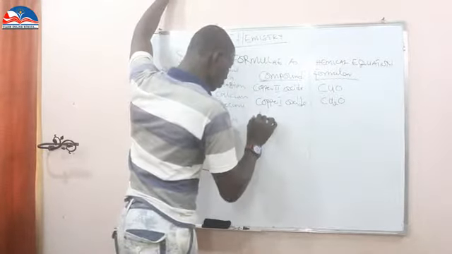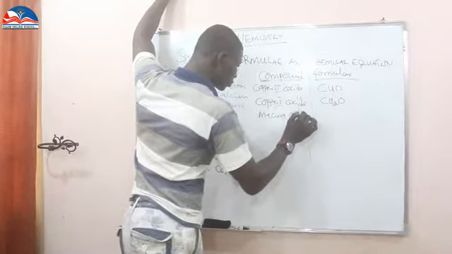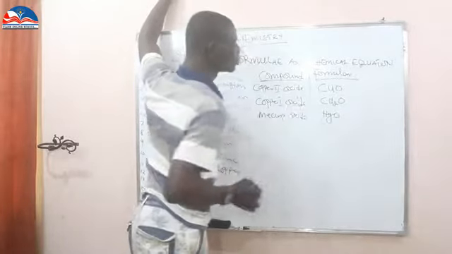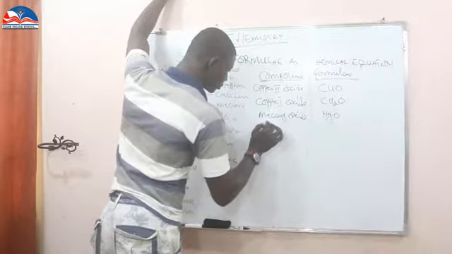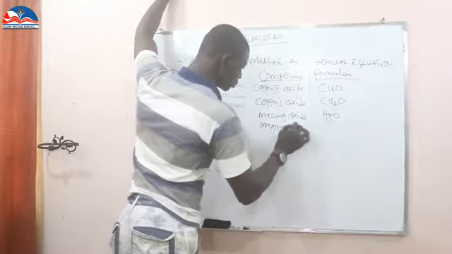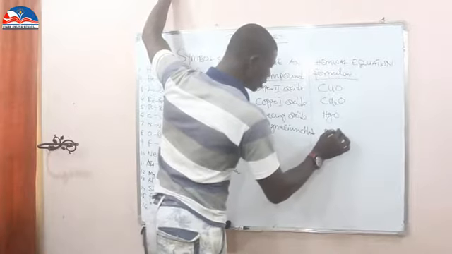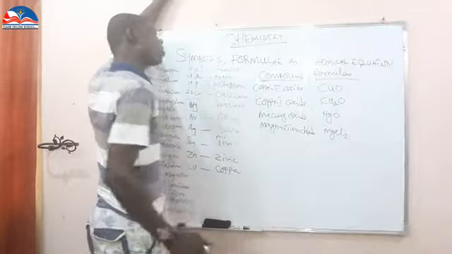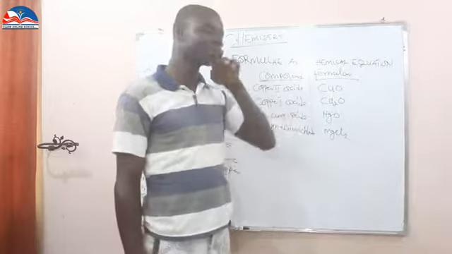Mercury oxide, HgO. Now we can also have what we call magnesium chloride, MgCl2.